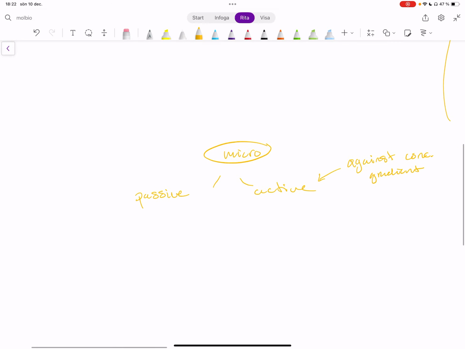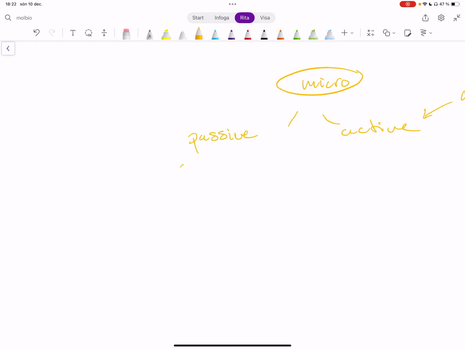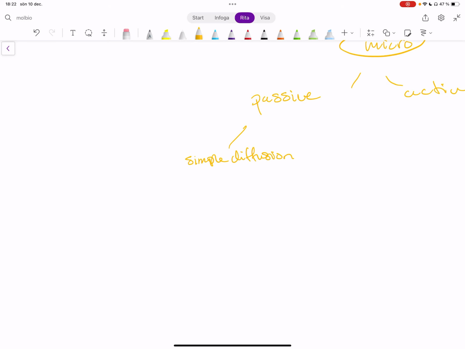If we start with passive, the most common one would be simple diffusion. In simple diffusion, you don't need any protein in order for the molecule to go down the concentration gradient.